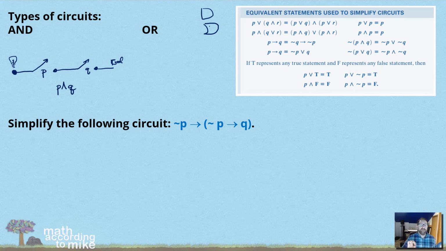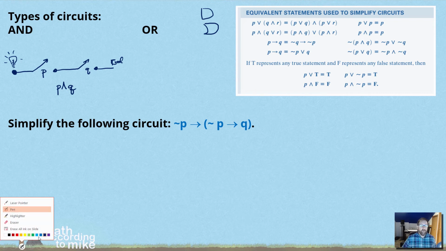You could read about it if you want to. It might even be in the book. But we're just going to use the V and upside down V. So again, in order for the electricity to start on the left and get to the goal on the right, it has to pass through P and also pass through Q. So when you have one following the other, that's an and.